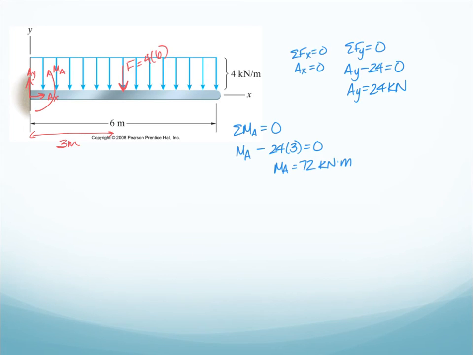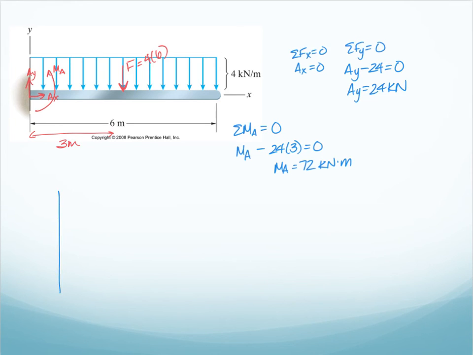And so what I did is I was able to figure out what the reaction is at the wall, both for the vertical force and the couple or the moment at A. I found those values. Now what I'm going to do is try to sketch the shear force diagram first.